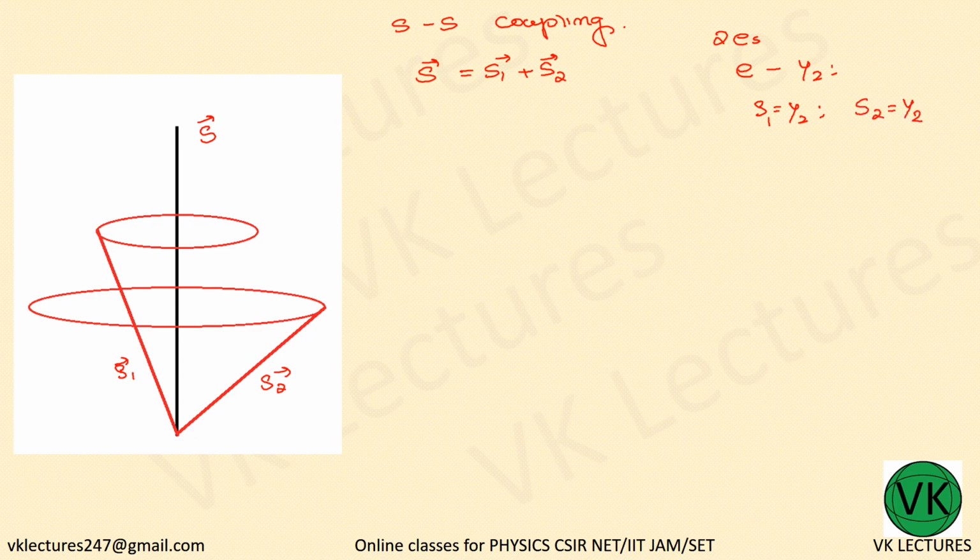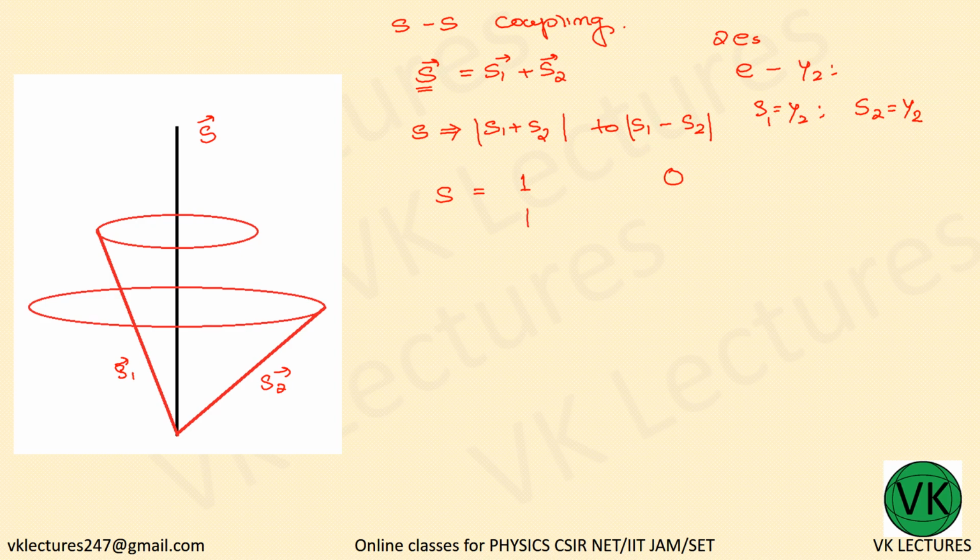This S can have values from S1 plus S2 to S1 minus S2. S1 plus S2 is half plus half, so that is 1, and S1 minus S2 is 0. So S is equal to 0 and 1.